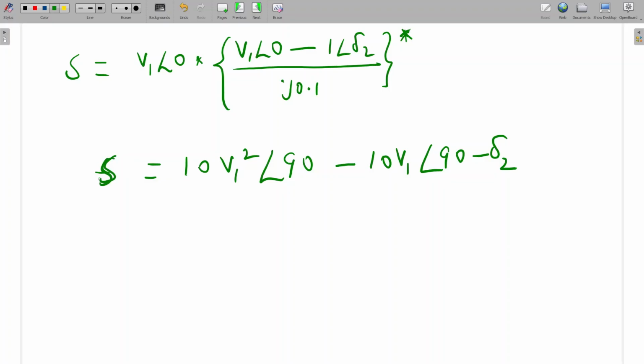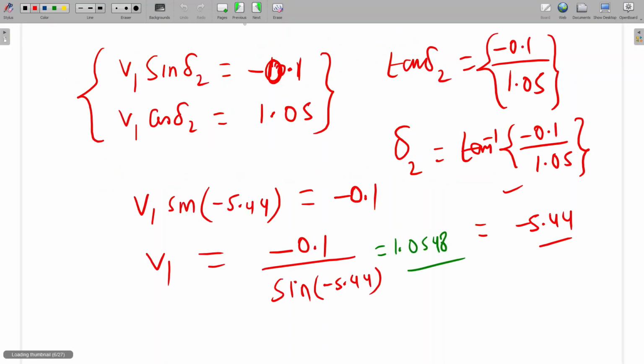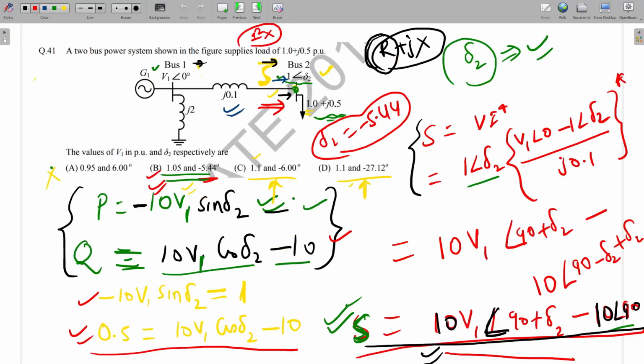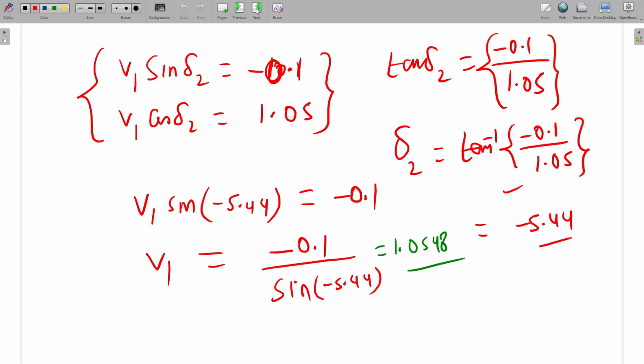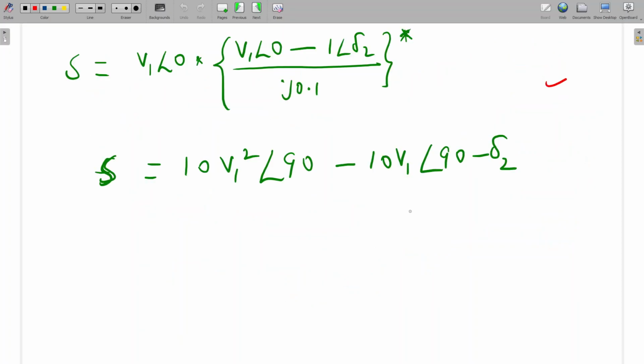Is it clear? Clear, sir. Okay. Now real power and reactive power. For real power we will take cosine. One second. Here the angle is coming as negative.